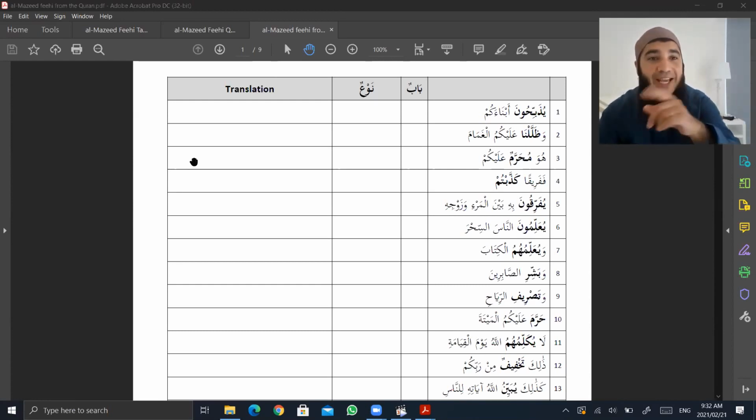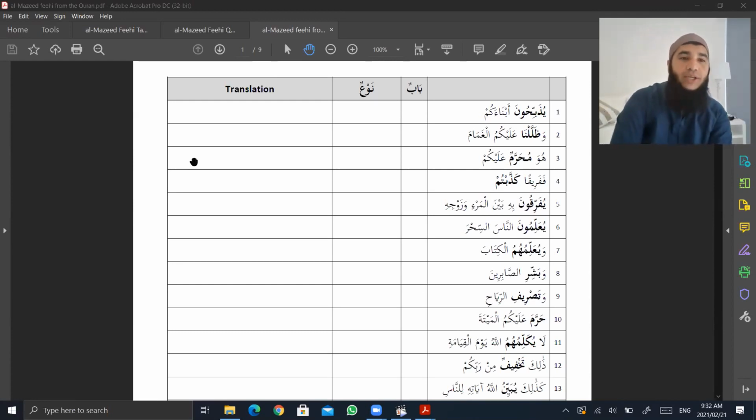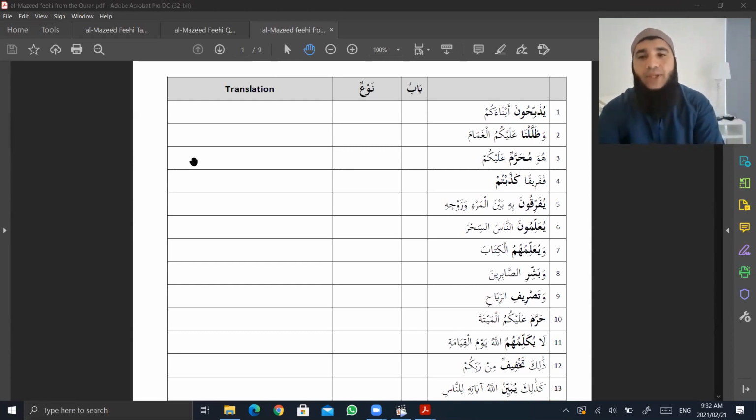So we have this word exactly in our scale, isn't it? محرم. What kind of word is it? مفعول مولانا. مفعول. Right. اسم المفعول. The passive particle.